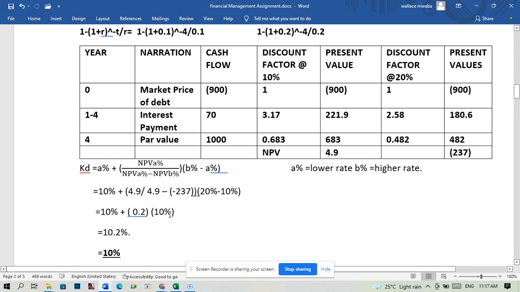Then 4.9 divided by 241.9, we get 0.02. Here it is supposed to be 0.02.